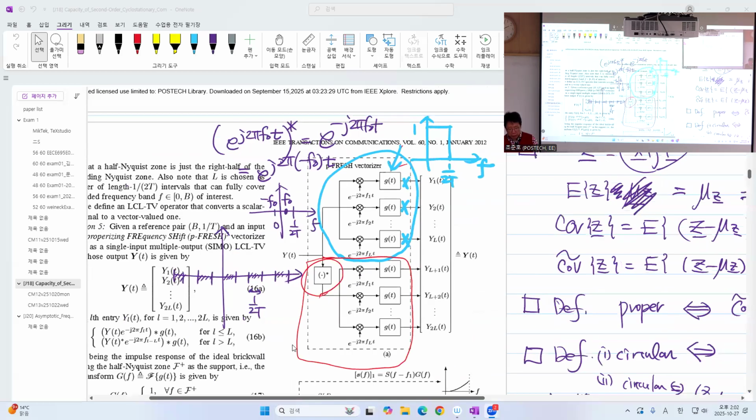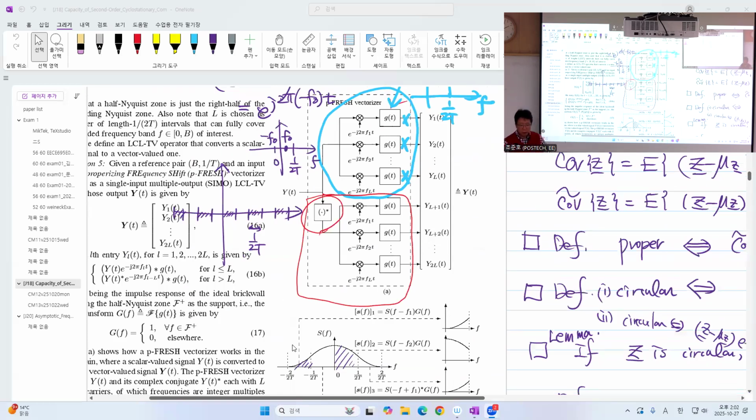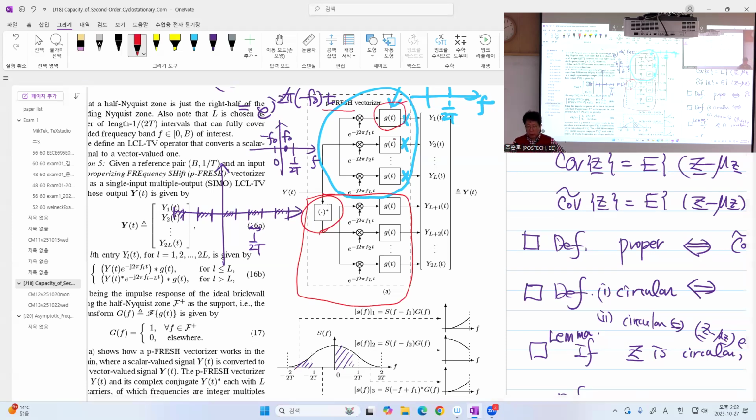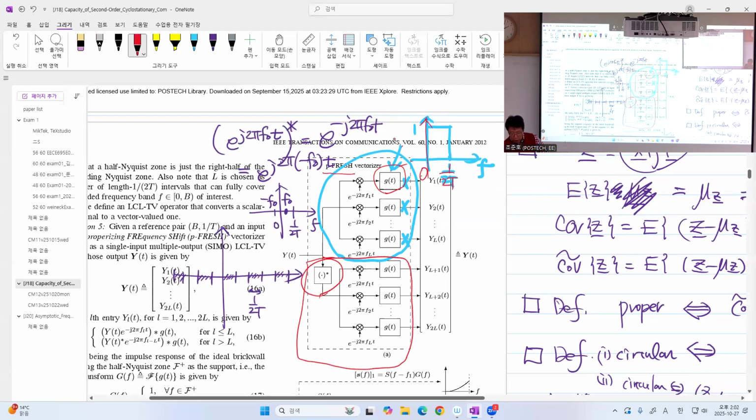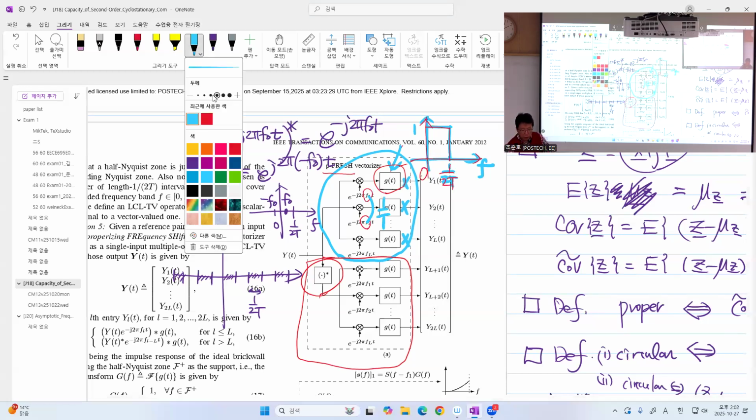The key difference between the ordinary fresh vectorizer and the p-fresh vectorizer is that we have here the low-pass filter that filters on the passband ranging from 0 to 1 over 2T. So 0 to 1 over 2T is the passband of these filters, denoted by g of t, its impulse response. However, neighboring frequency values are still 1 over T hertz apart. What does that mean?